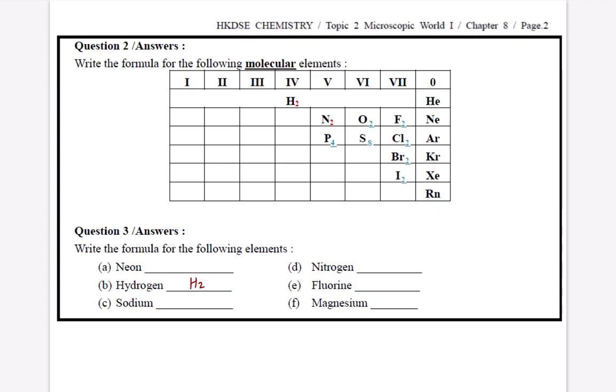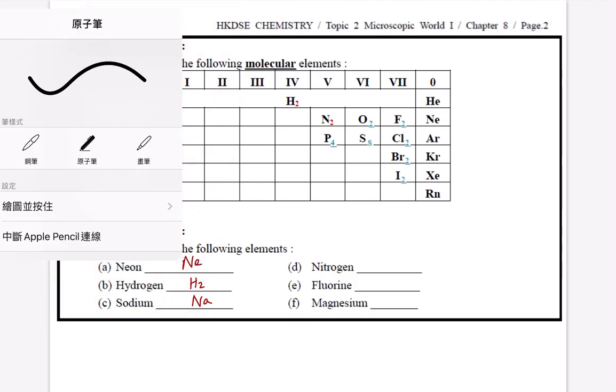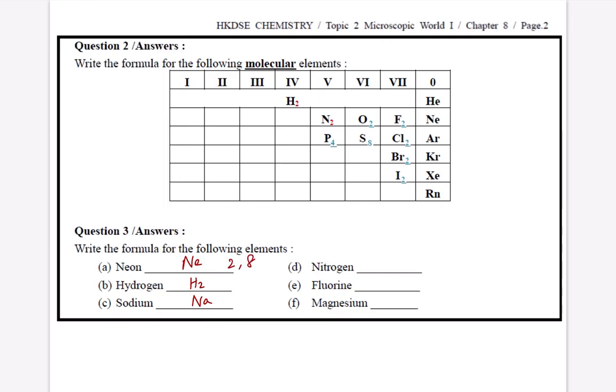And for metal, remember, it is just single. Just write Na here. And for neon, Ne only. Why? Neon is Ne because neon is 2 electrons, it is already stable. No need to form covalent bond. So it is Ne only.